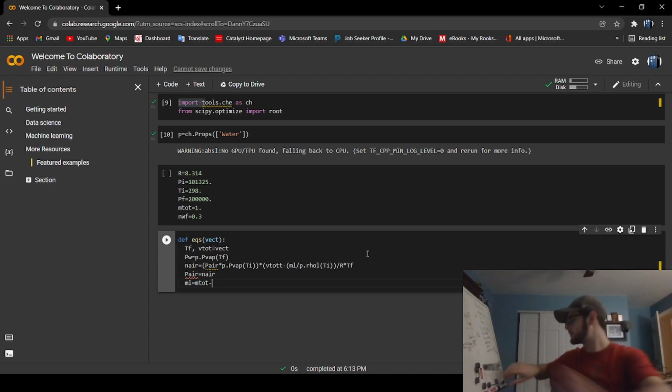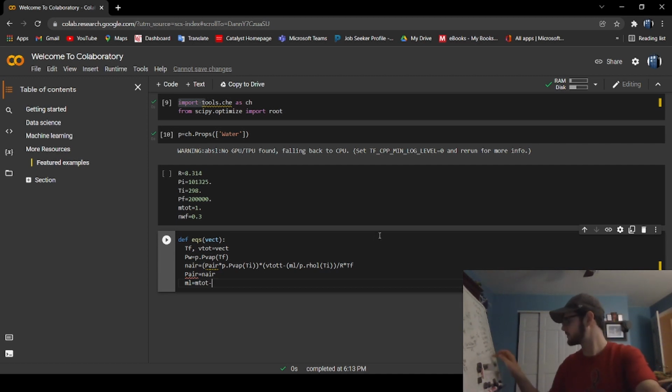Oh, because the mass of vapor is equal to the moles of vapor times 18 e to the negative 3, which is this times this. Okay, got that. Perfect. So the mass of total minus, why did I say times?